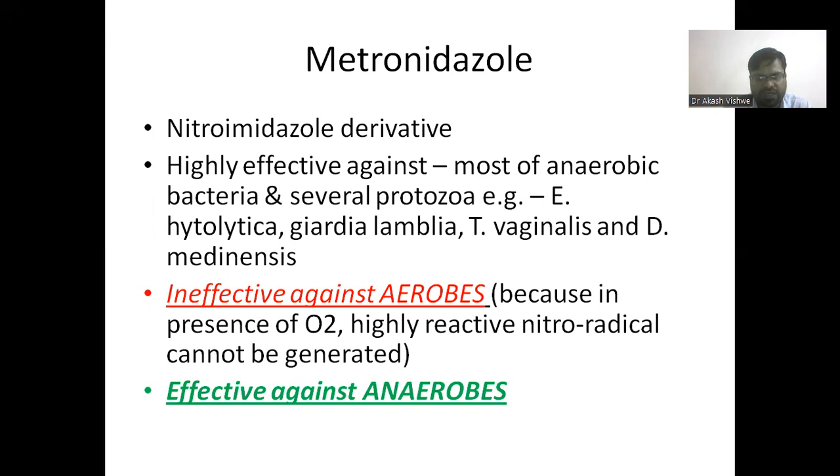It is ineffective against aerobes because in the presence of oxygen, the highly reactive nitro radical cannot be generated. It is effective against anaerobes.